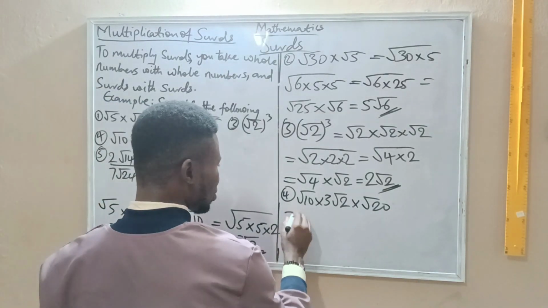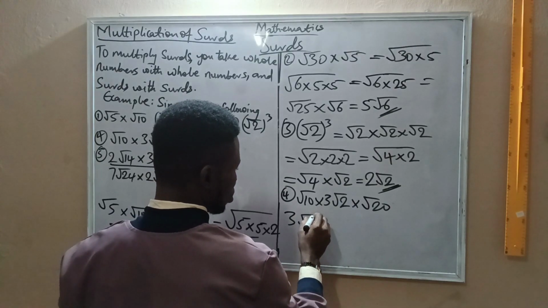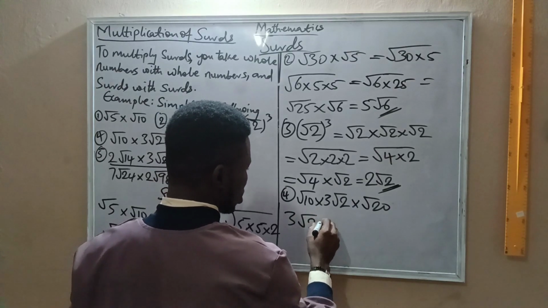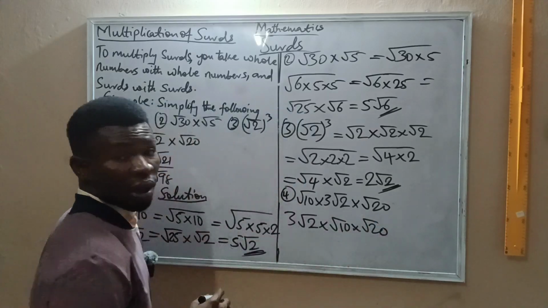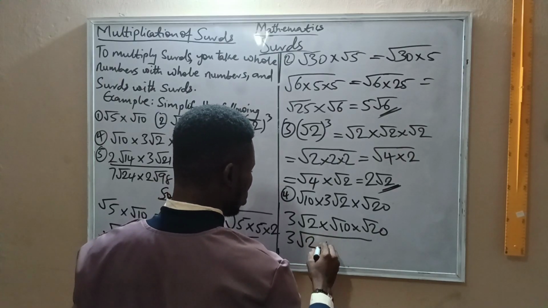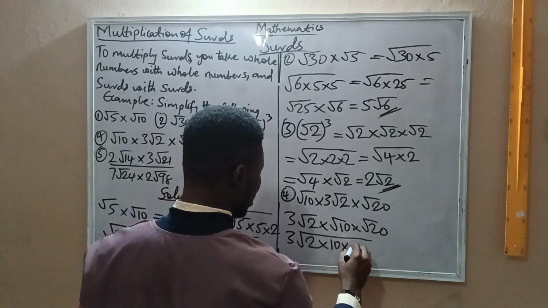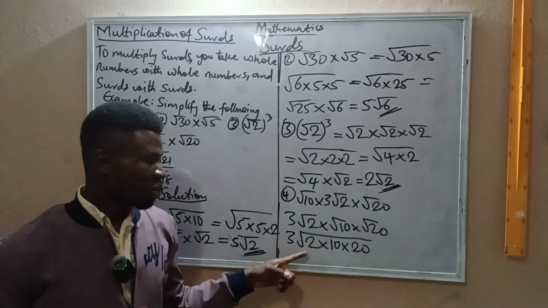So this is something as 3 surd 2 times surd 10 times surd 20, which is the same thing as 3 surd 2 times 10 times 20. Now look at this number.